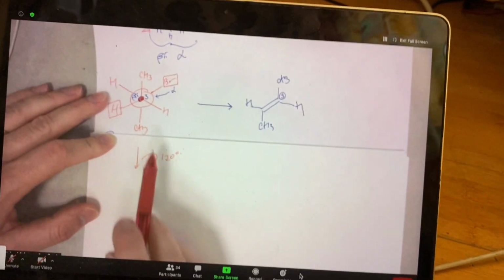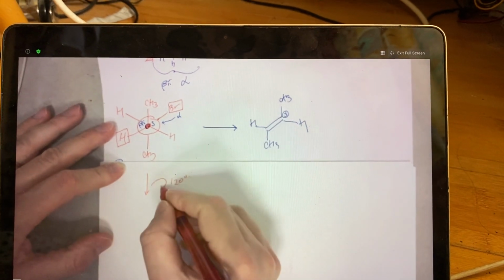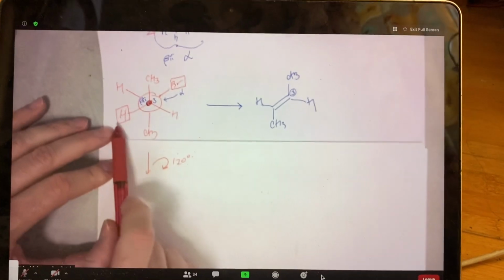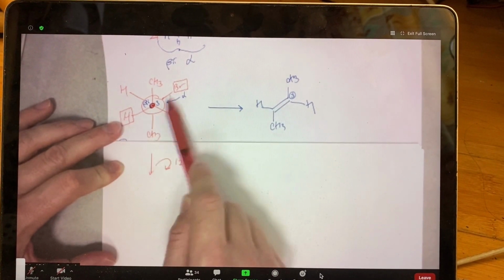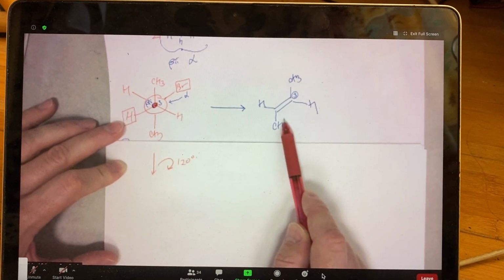Okay? I'm going to take this Newman projection, I'm going to rotate it 120 degrees clockwise. The reason I'm going to do that is I want to actually put this hydrogen in this position. So this hydrogen, when it lined up anti, this is the preferred conformation, it gave us trans stereochemistry.